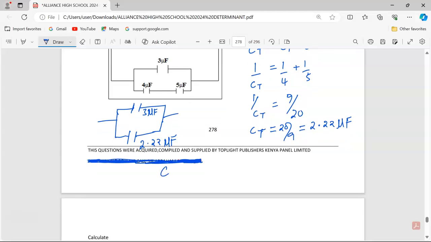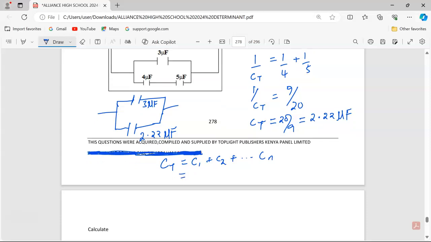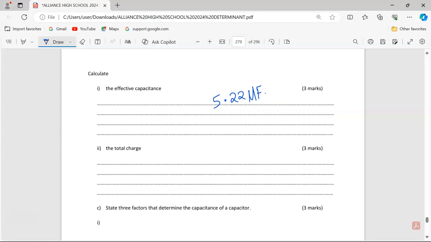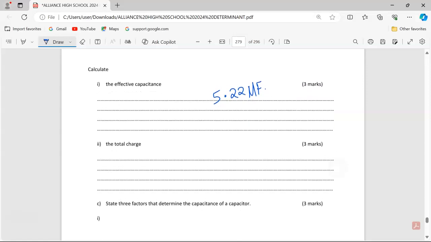When in parallel, total capacitance is given by the sum of the individual capacitances: C1 plus C2 plus C3 all the way up to CN. So you take the first one plus the second one, and the capacitance here will be 5.22 microfarads. This is the effective capacitance according to this question.